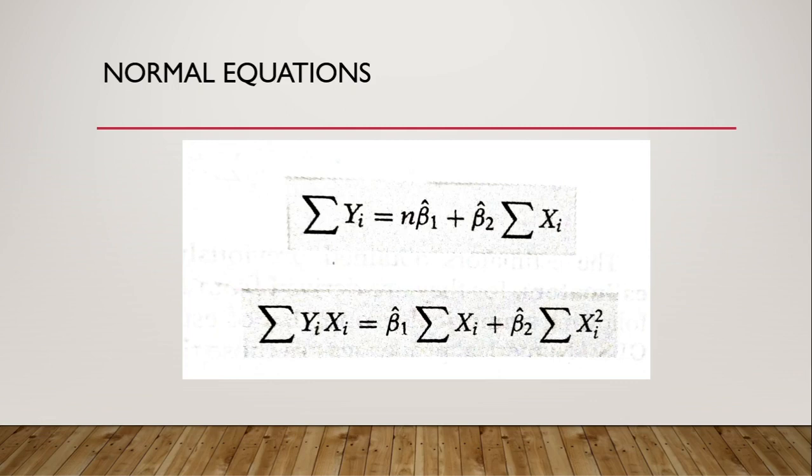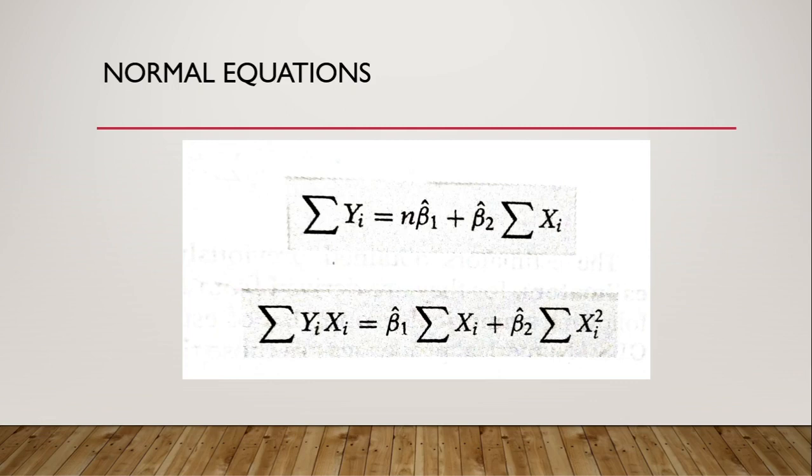So when we apply the principle of least squares to the two variable regression model, which satisfies all the assumptions of the classical linear regression model, we get two normal equations. The first normal equation is sigma yi is equal to n beta 1 hat plus beta 2 hat sigma xi, and the second normal equation is sigma yi xi is equal to beta 1 hat into sigma xi plus beta 2 hat into sigma xi square.